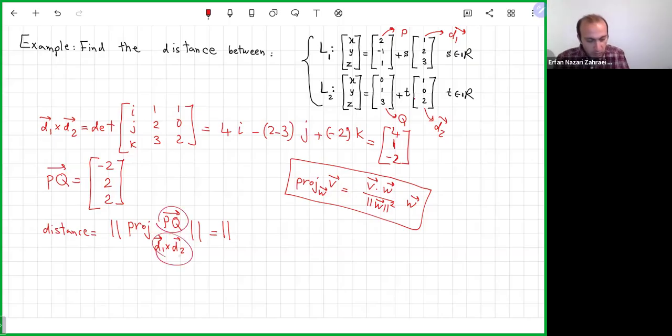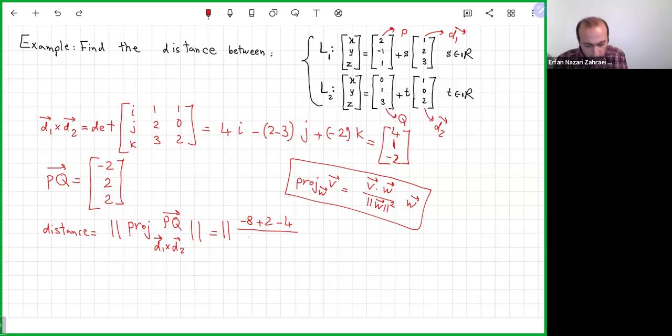The dot product of these two vectors is 4 times negative 2, negative 8, 2 times 1, 2, 2 times negative 2, negative 4, over the length of this vector squared.